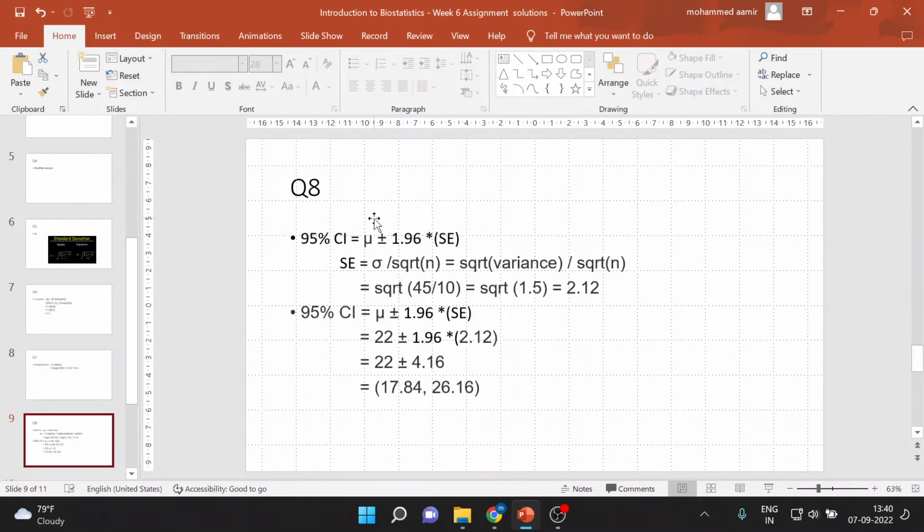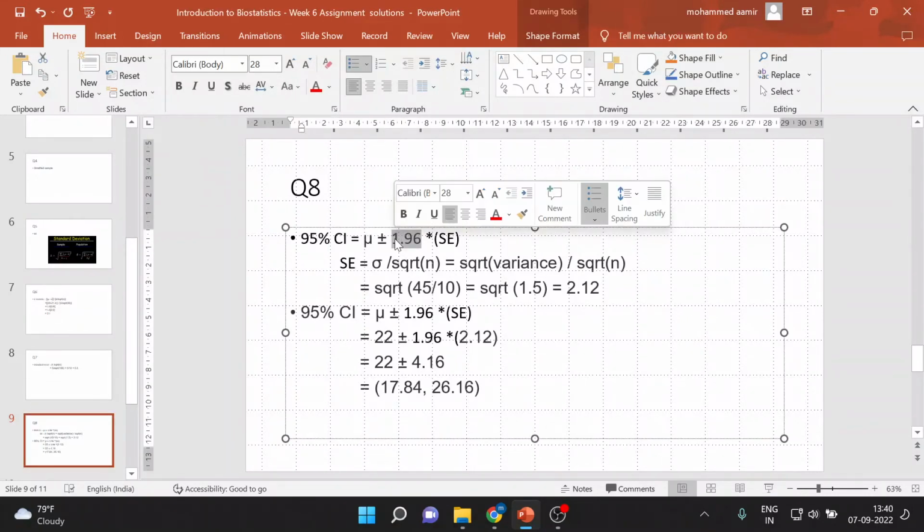For 95% confidence intervals, this is the formula, that is mean plus or minus 1.96. This value is important here. So for different confidence levels, like for example 60%, 95%, 99%, and so on, this value will change. So for 95% the value is 1.96, times the standard error.